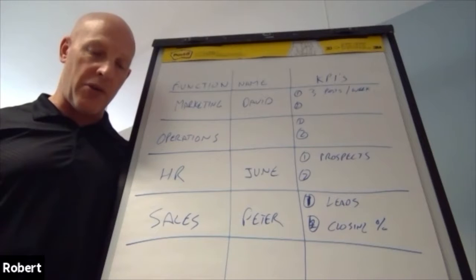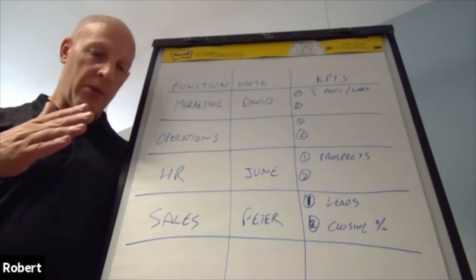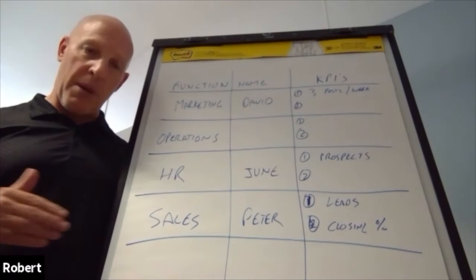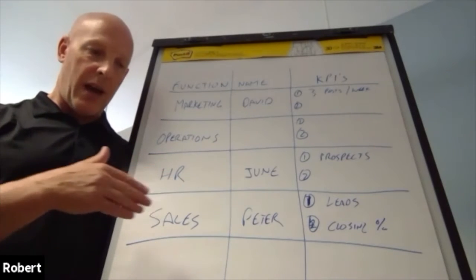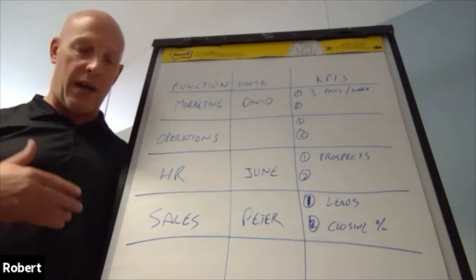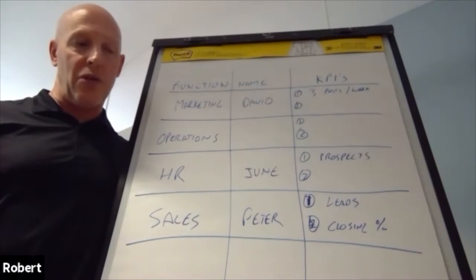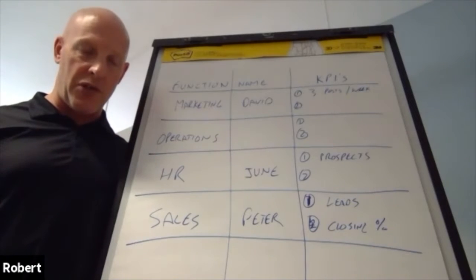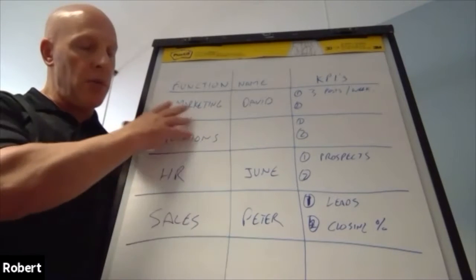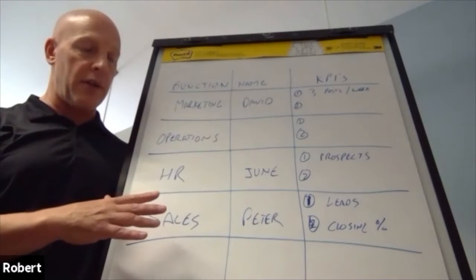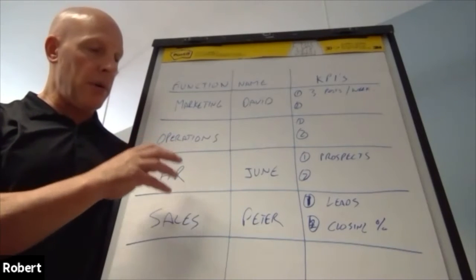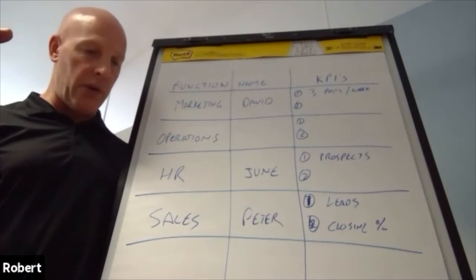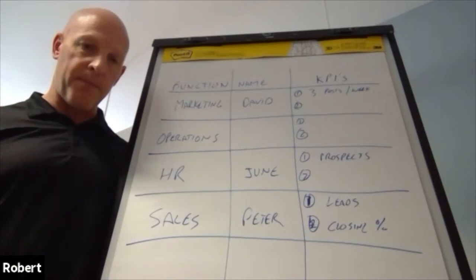So people would go to the husband and get directions one way, and other people would go to the wife, and there would be a lot of confusion. People wouldn't necessarily know who to report to, and they were given different directions. So this chart helps to eliminate some of that confusion amongst different functions within a company, whether it be at a CEO level or some of the other functions.